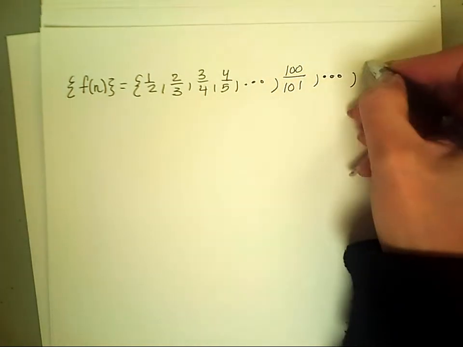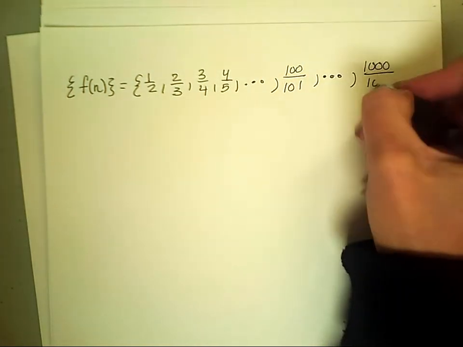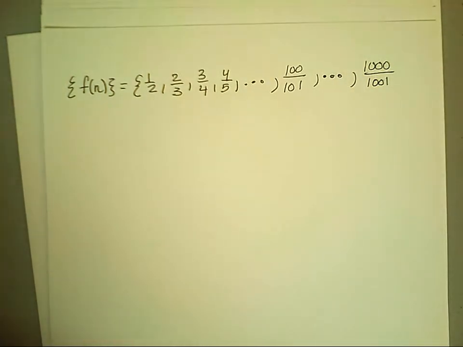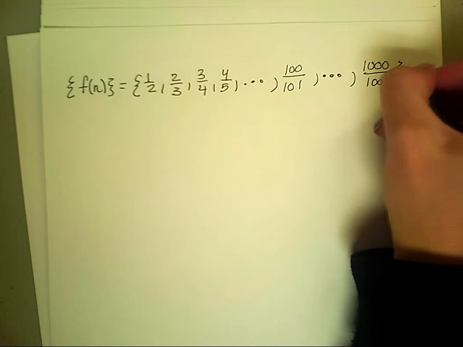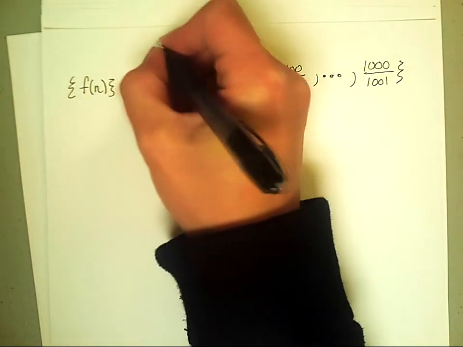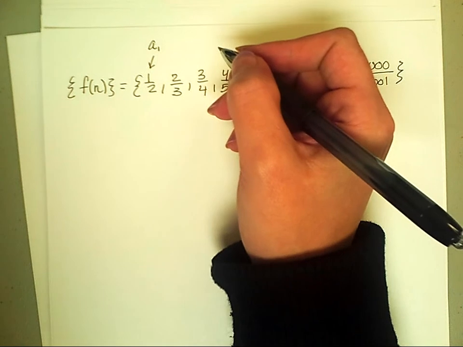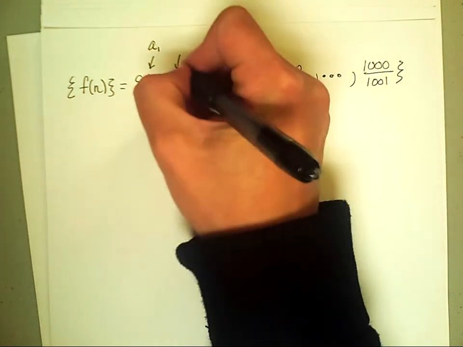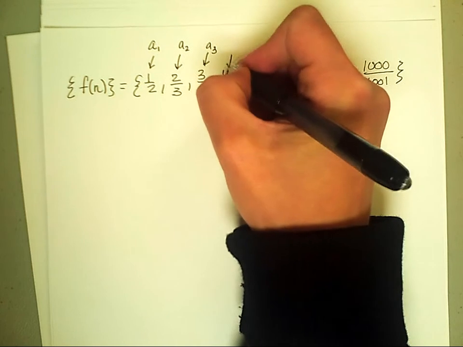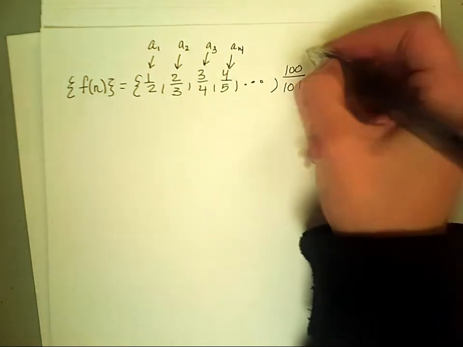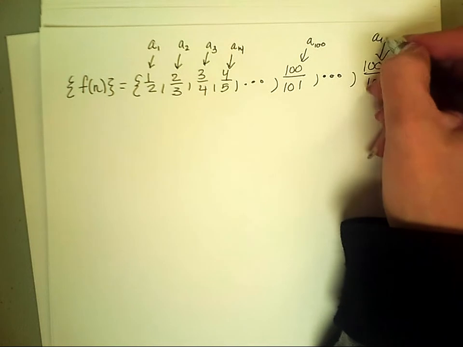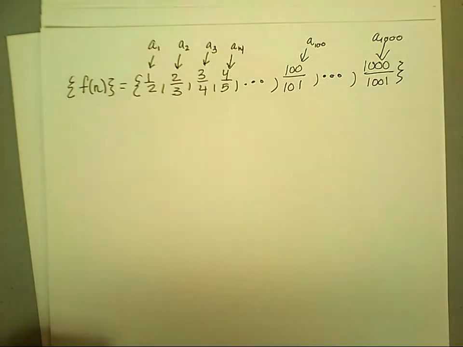There's more in between. We found the 1,000th term. So remember what these are. This is the first term, a sub 1. This is the second, a sub 2. This is the third term, a sub 3. This is a sub 4. This is a sub 100. And this one is a sub 1,000. Okay, these are the terms.